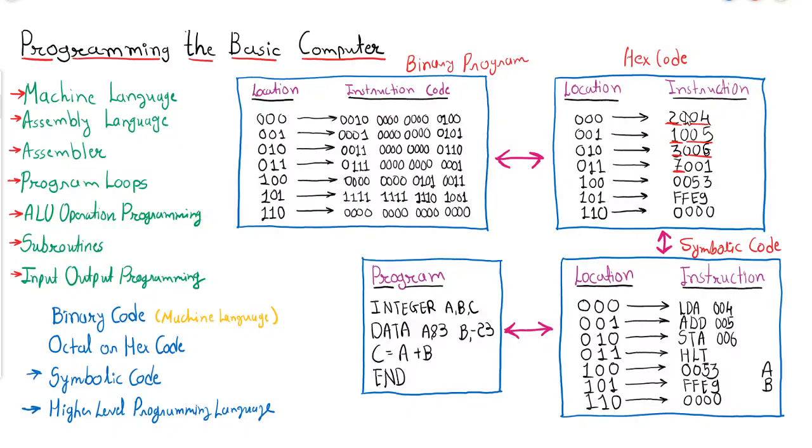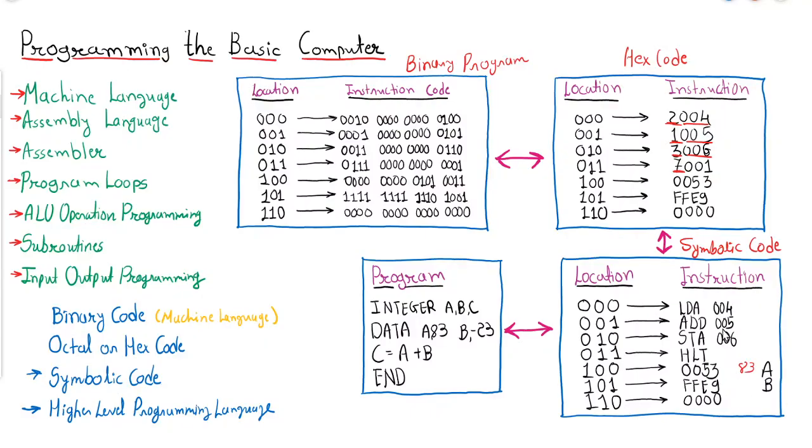So here what we have mentioned is LDA 004. LDA 004 means memory location 4, so 100. On that location we will store the value 0053. This is in hexadecimal format, so it is actually 83.